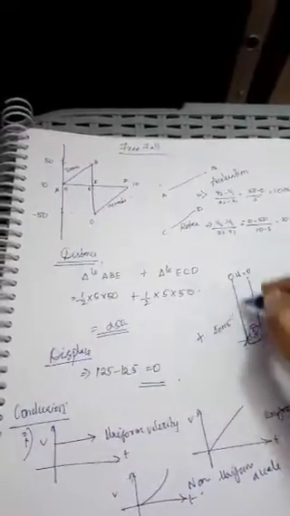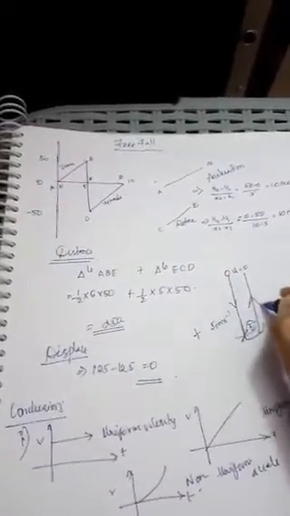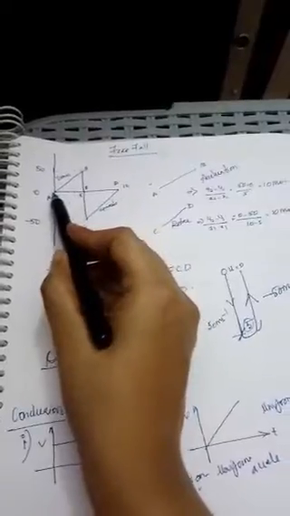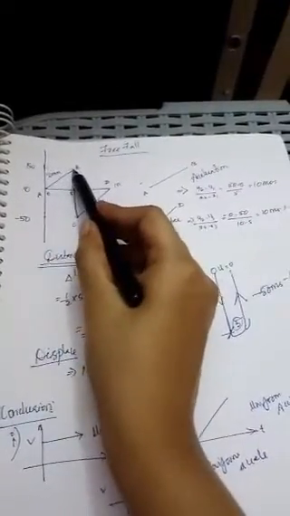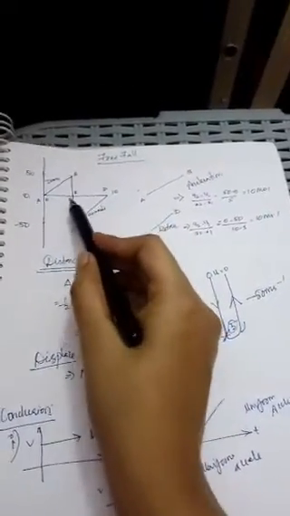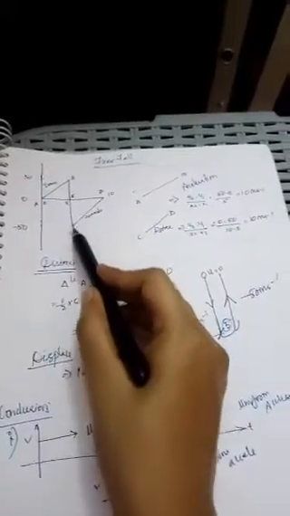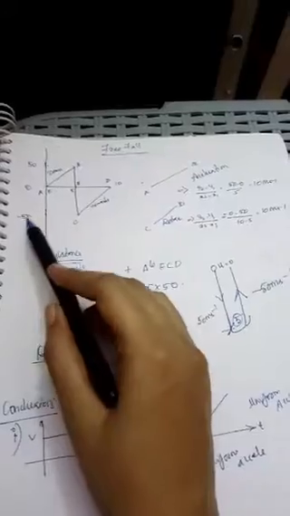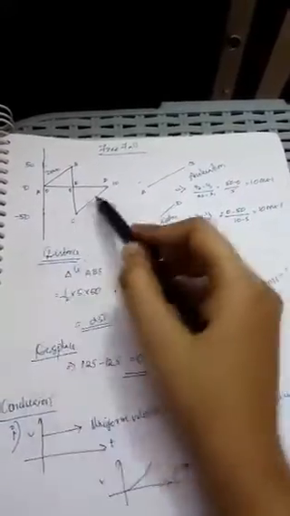Because it is going against your gravity. Here it is positive because it is coming towards your gravity, and this is going against your gravity. Therefore it is minus 50 meter per second. Initially it is at 0, your velocity increases, then again it is dropping down, coming to 0. Again the velocity increases, but it is negative because it is going against your acceleration due to gravity. Then it will come back and join the point.